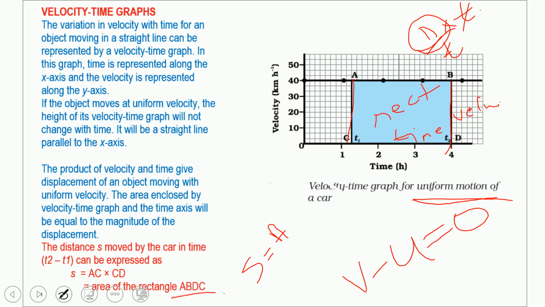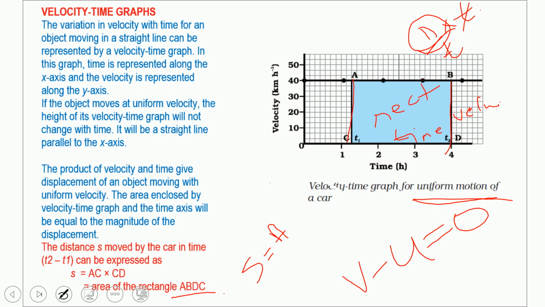Here the height is AC and the base is CD, so the area is AC into CD. What is AC? AC is T2 minus T1. And what is the other side? It is the velocity, which is 40 here. Like that we can find it.